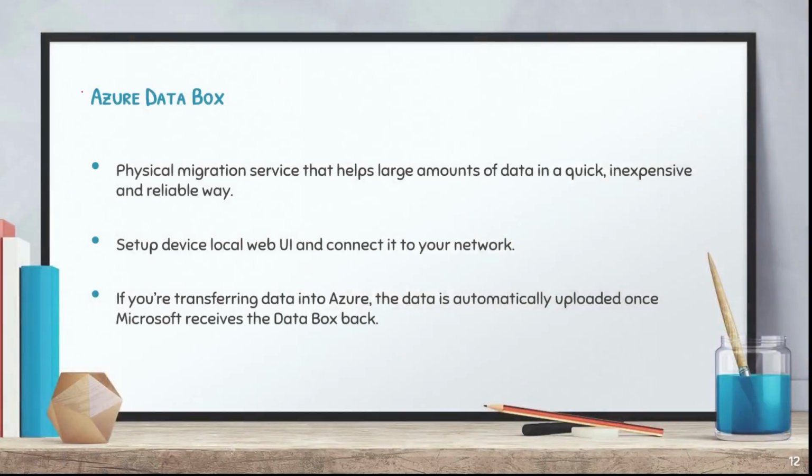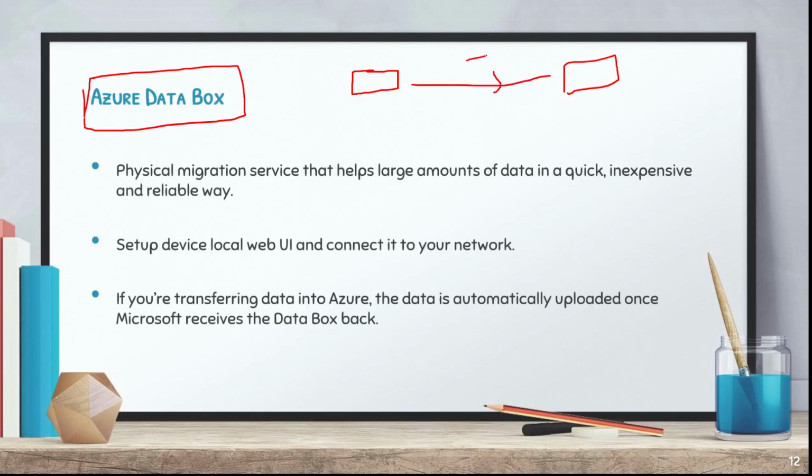So let's take a look at one of the services, that is Azure Data Box. Let's say you have a huge amount of data and you want to migrate that to Azure. In that case, you can use the service called Azure Data Box. Even terabytes of data can be moved very efficiently at minimum cost.